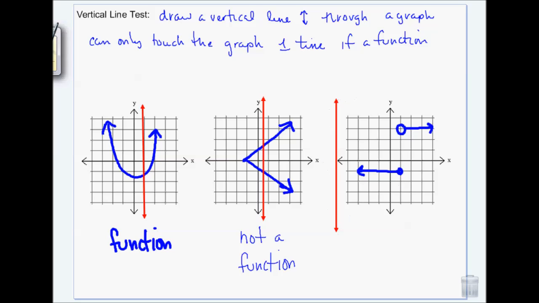Now, this one is a little tricky. So far so good. And then I hit here. And it looks like it's touching at 2 places, right? But it's an open circle, so that open circle doesn't count. So it's still only touching at one place right here. So it is a function. Okay, so if you have a dot and an open circle, then you're okay. But if these were both closed circles, then it's not okay.